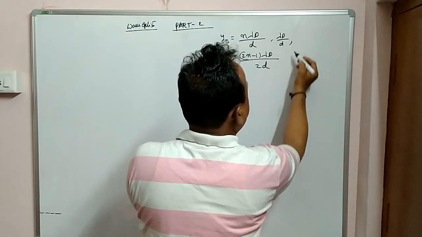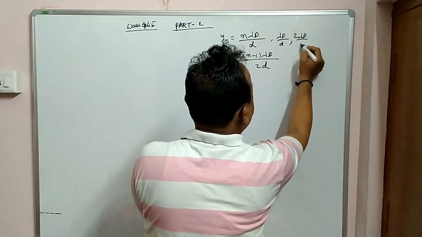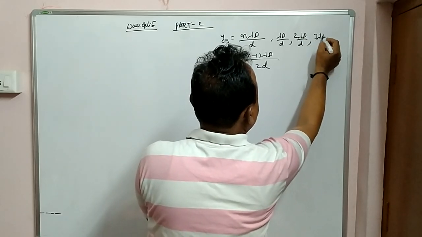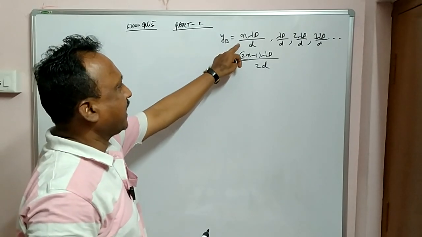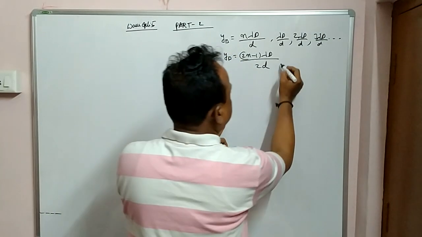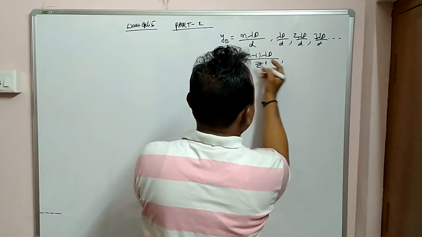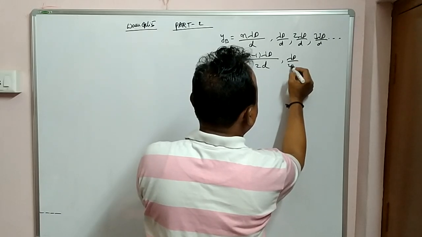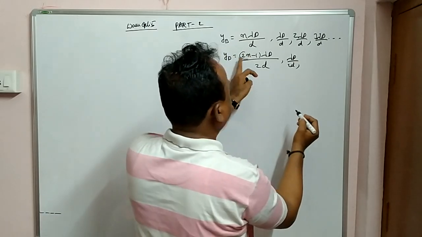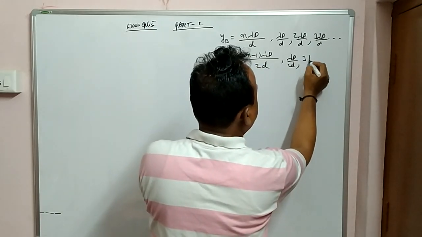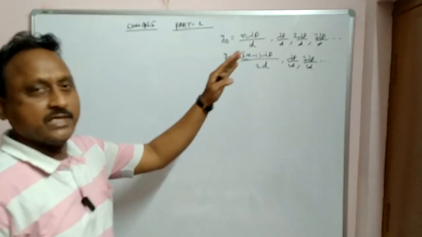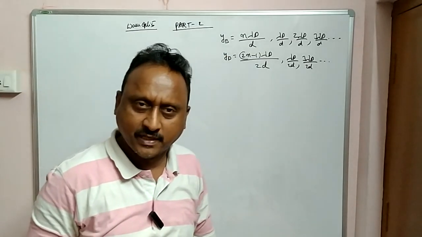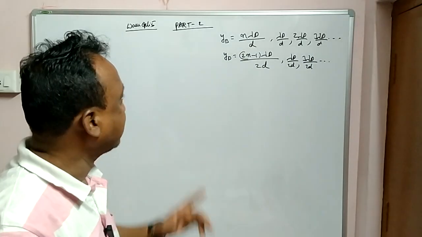For n equal to 2, 2 lambda D by d, 3 lambda D by d, and so on. And this is the nth bright. In the same way for dark, n equal to 1 gives lambda D by 2d, n equal to 2 gives 3 lambda D by 2d, and so on. So these are the things we obtained in part 1, for bright and dark bands.